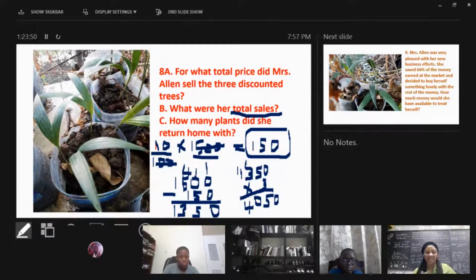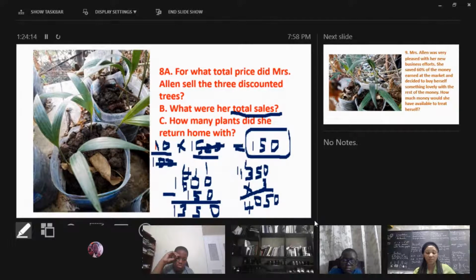And part C says, how many trees did she return home with? And I think Ashley had given us the answer for that long ago. She returned home with 3 plants. Because remember, she sold 21 of them. She sold 18 at the regular price, 3 at the discounted price, so that's 21.